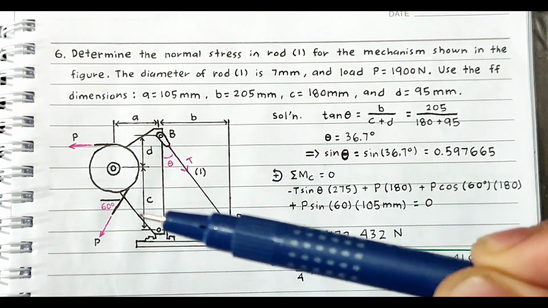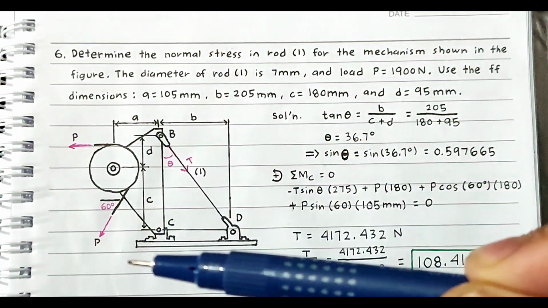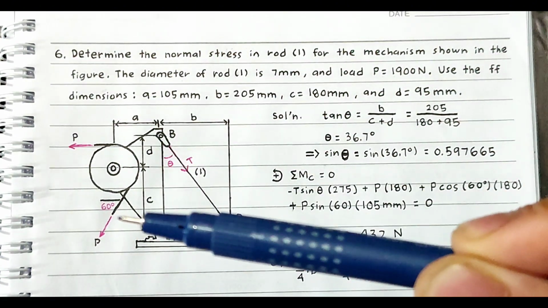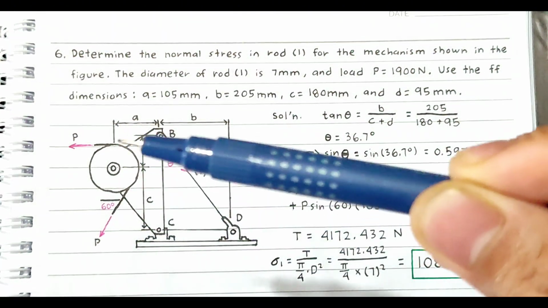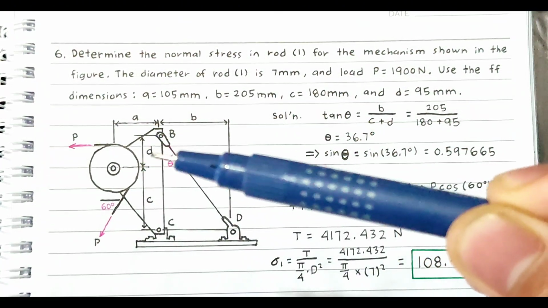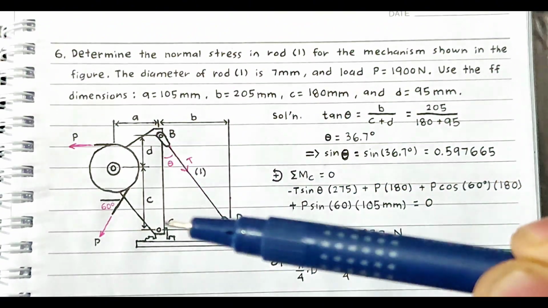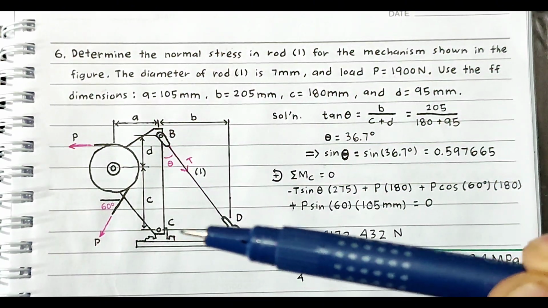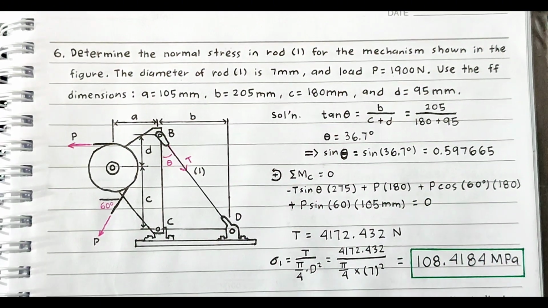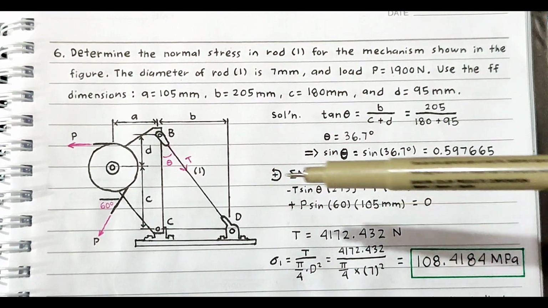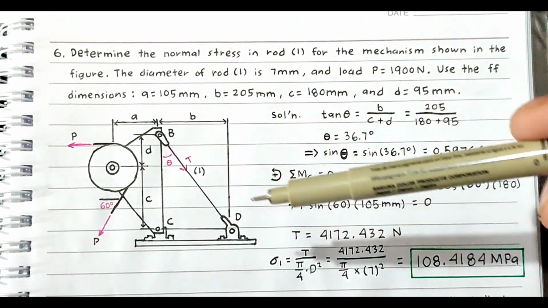Now we will have to consider the angle sine 60 and the distance, which is A, to get to the moment at C. Now that is 105 millimeters. So we need to solve for T, which is the tension force that acts here.